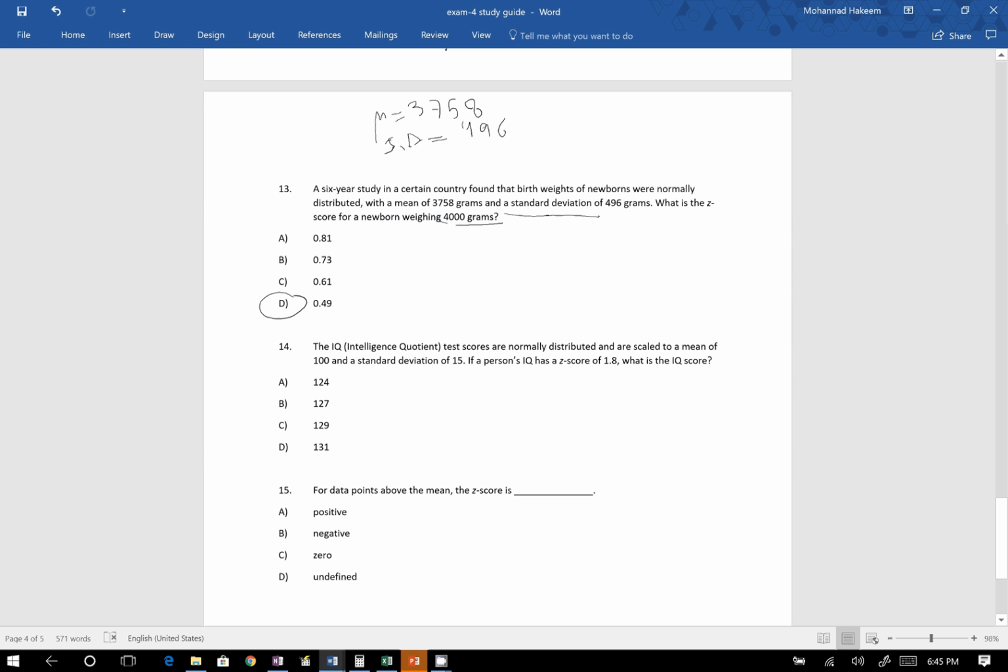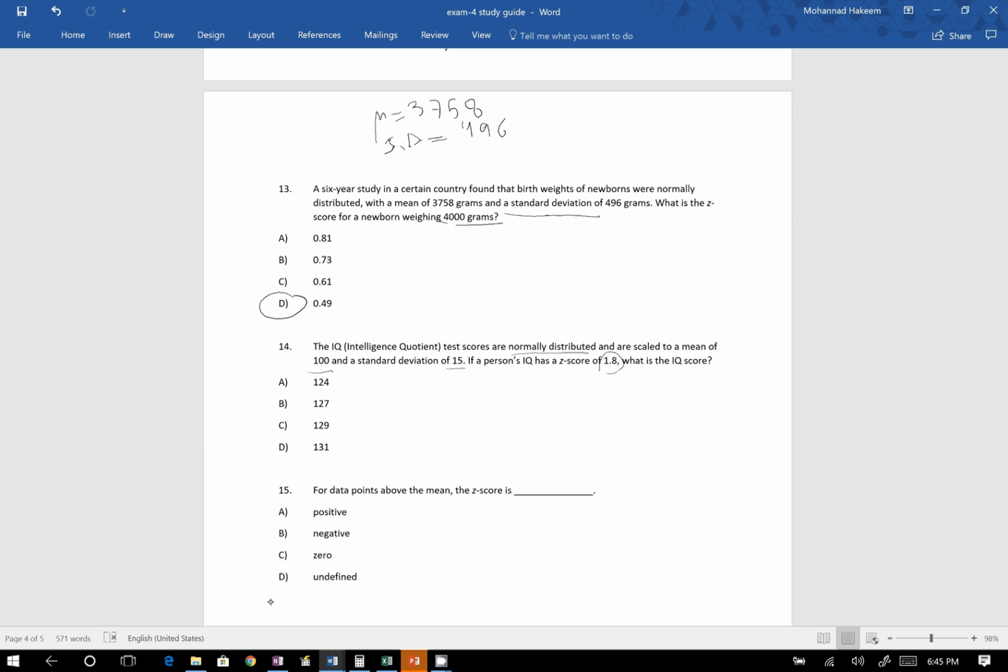Number 14. The IQ test scores are normally distributed and are scaled to a mean of 100 and a standard deviation of 15. If someone has a z-score of 1.8, what's the IQ score?